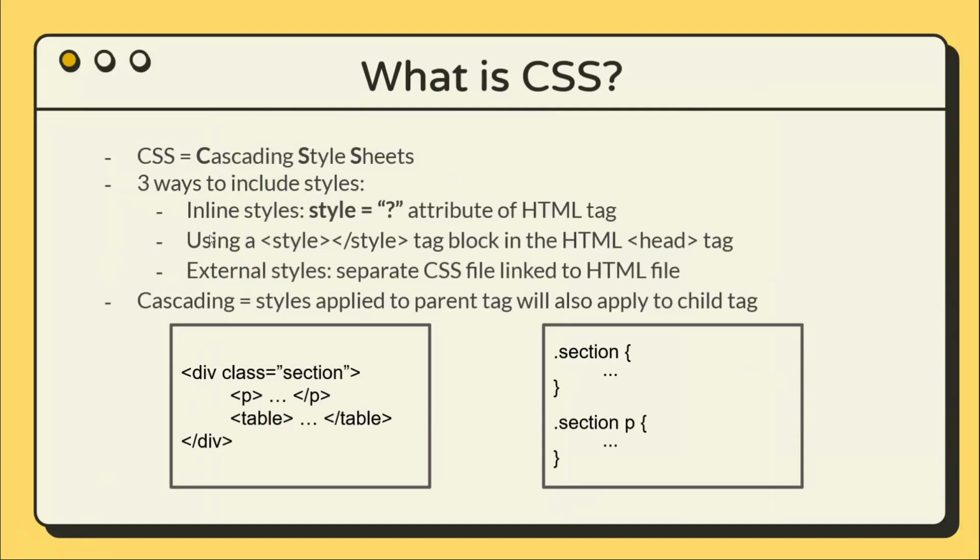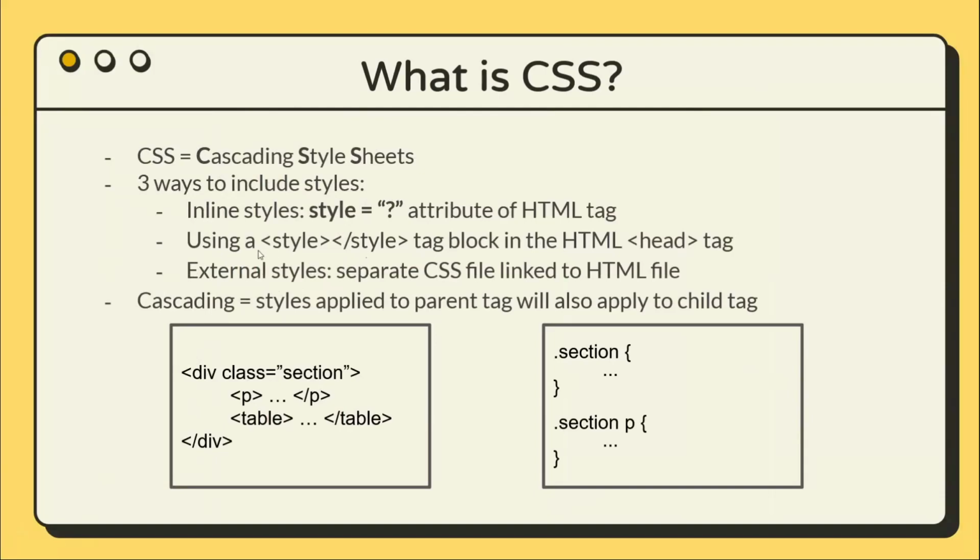You can either add inline styles, which will only apply to the HTML tag that it is attributed to. An example of that was the link, the A tag, where the href equals the string for the website that it's linking to.